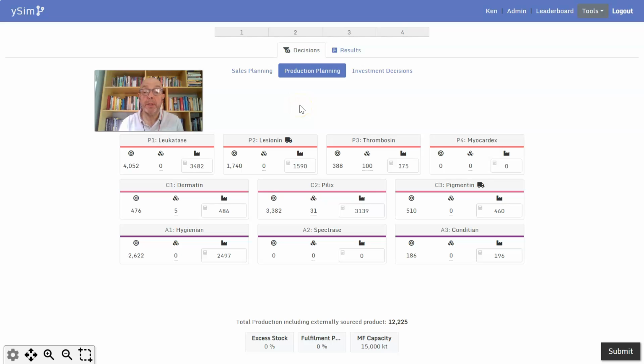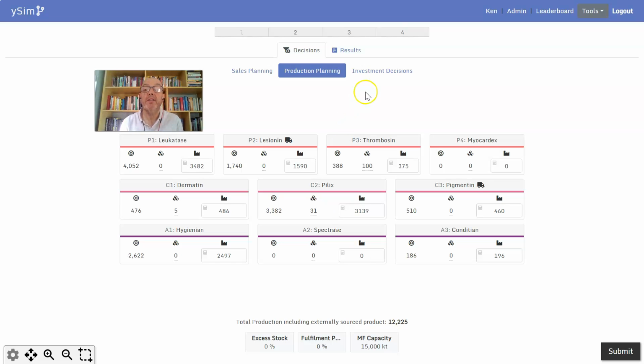So you do your production planning, and as you add it up, it's letting you know how you're doing against your capacity. And remember, for externally sourced products, it doesn't use your capacity, so that's one of the benefits of externally sourced products. And during the simulation, you may get a chance to bring products in-house or actually put them ex-house as well.